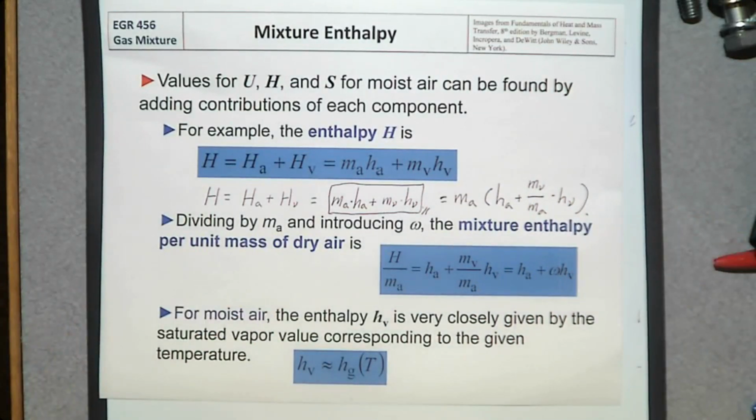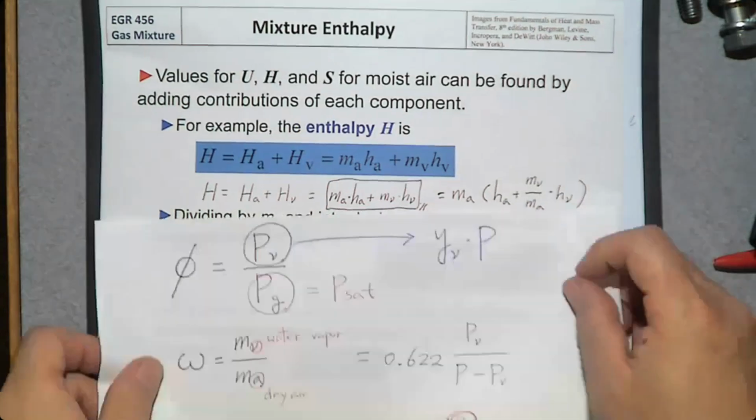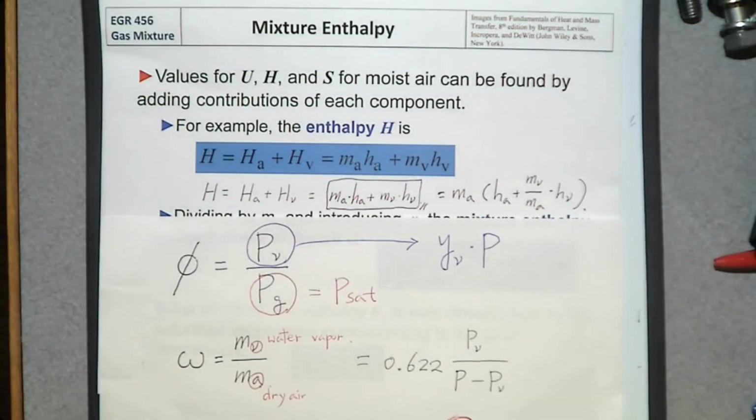Then there's one thing that you may remember, this one, mv over ma. What is it? That is the definition of humidity ratio. mv over ma is the definition of omega, humidity ratio.